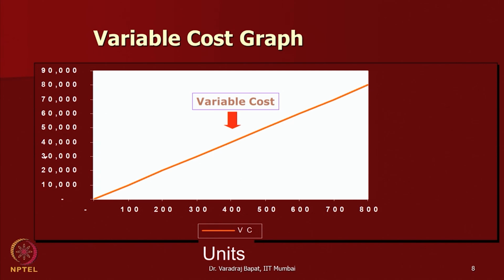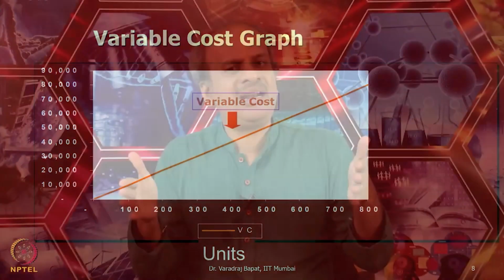In reality they might be curves, they may slightly go up or down, but again for the purpose of our calculation we will have to assume a linear relationship, and please bear in mind that within a reasonable range they are actually linear. For example, from 0 to 800 they will be linear, maybe beyond that there might be slight shifts, but CVP analysis is extremely useful for short term decision making which is within a reasonable range.